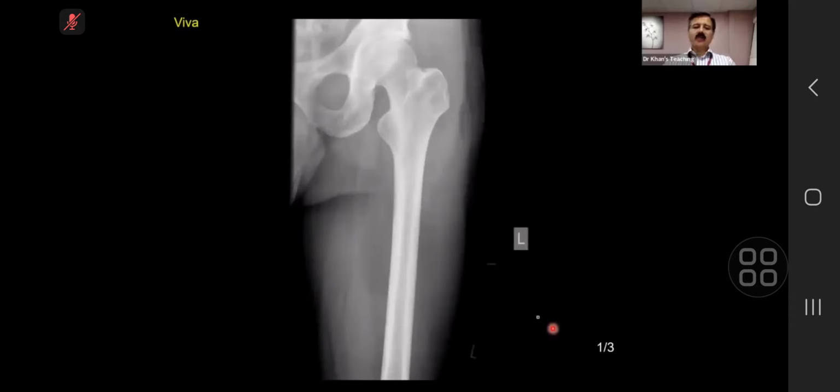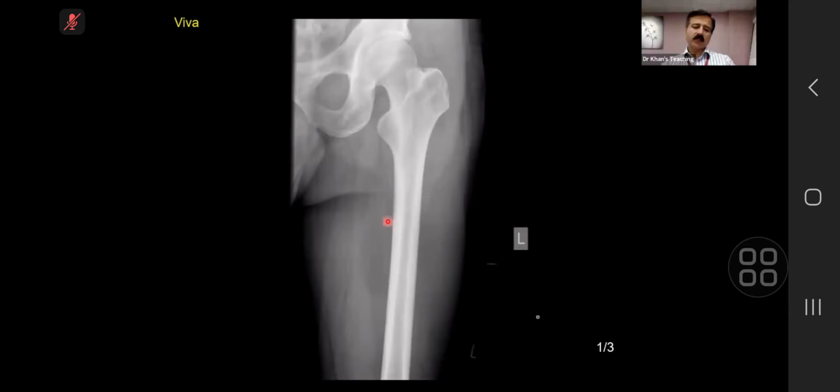Okay, anything in the soft tissues? Yeah, there's a fairly poorly defined area of what looks like increased translucency in the soft tissues around the mid-diaphysis of the left femur. So you have picked up this thing, and so what is the conclusion?